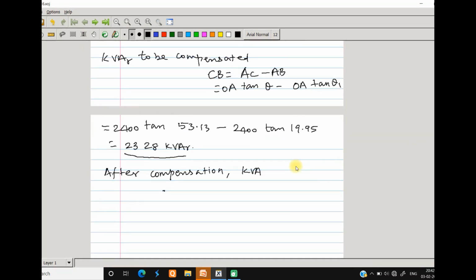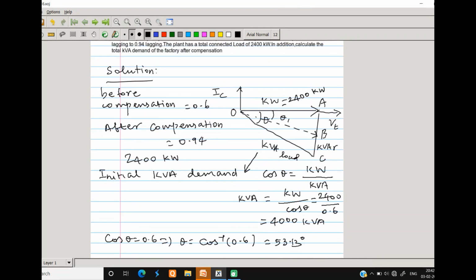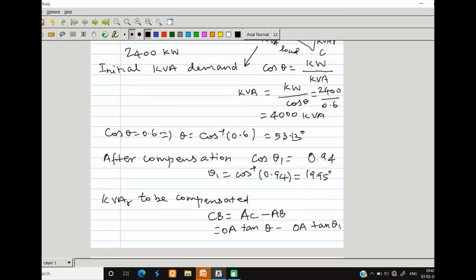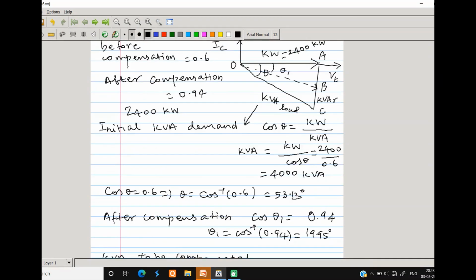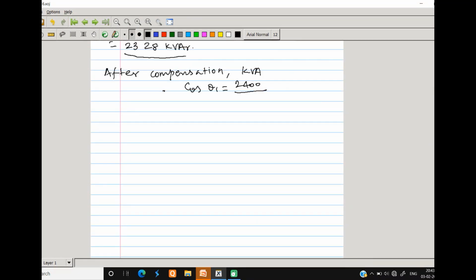So cos theta 1 is going to be equal to the adjacent side, that is 2400 kilowatt, divided by the hypotenuse. The hypotenuse is the kVA required after compensation.